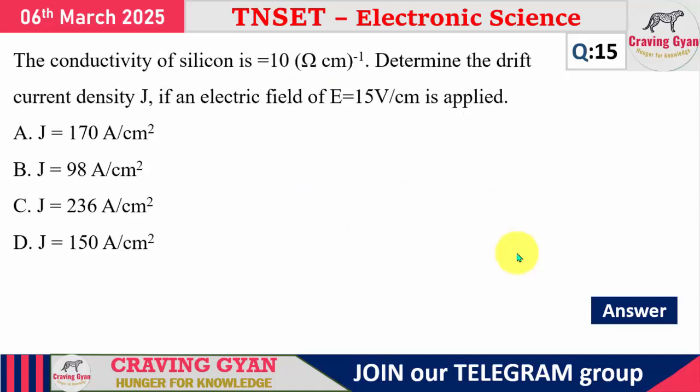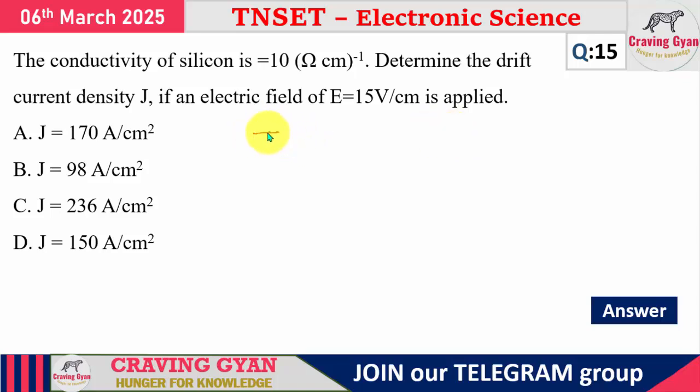In the 15th question, the conductivity of the silicon is 10 per ohm per centimeter. Determine the drift current density J if the electric field is 15 volt per centimeter. Now look at the things.